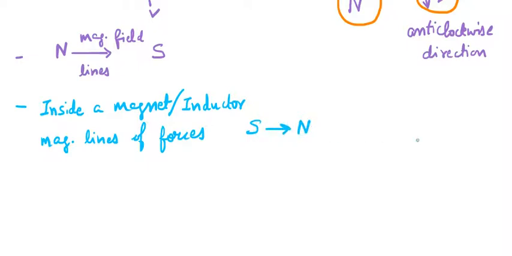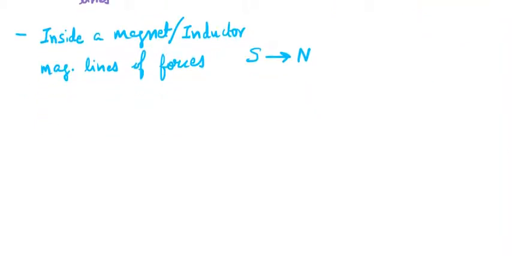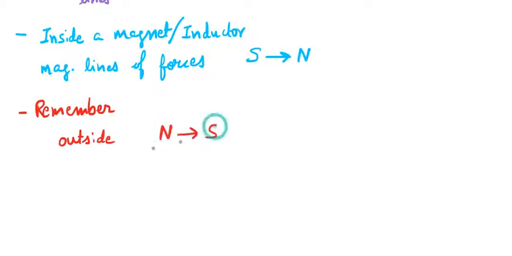Therefore, always remember, outside the magnet or inductor, magnetic lines of forces are from north to south, and inside the magnet it is from south to north.